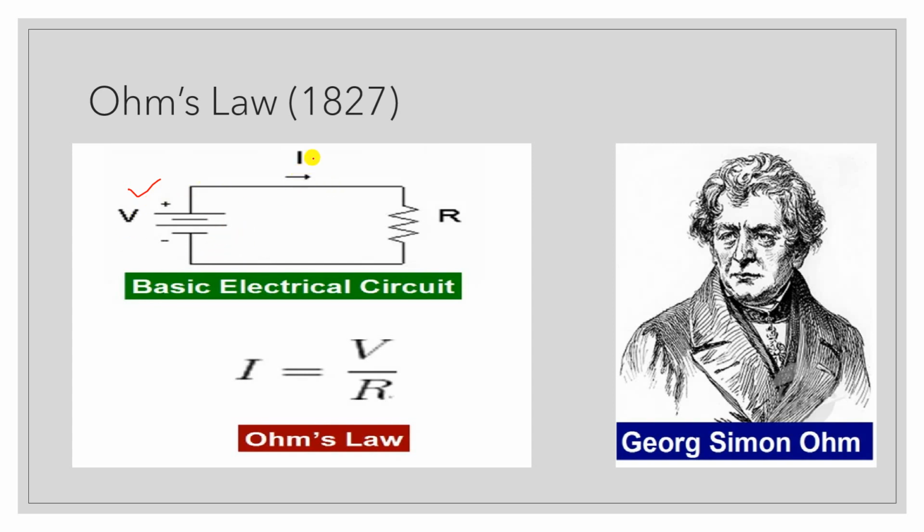The current flowing is I and the resistance is R. The potential difference V across this resistor is directly proportional to the current flowing through it. The proportionality constant is the resistance R. So we can easily calculate the resistance: R is equal to V divided by I.